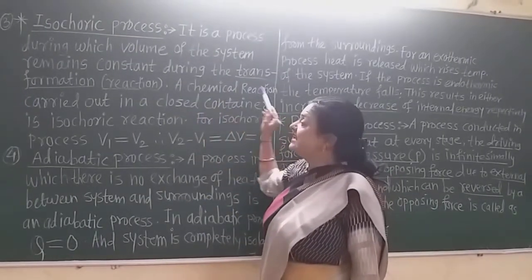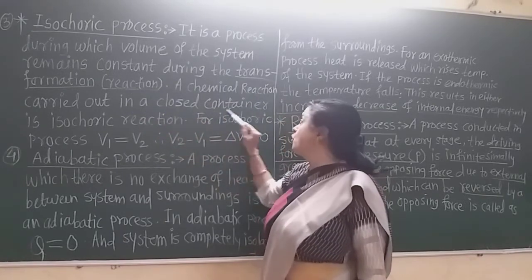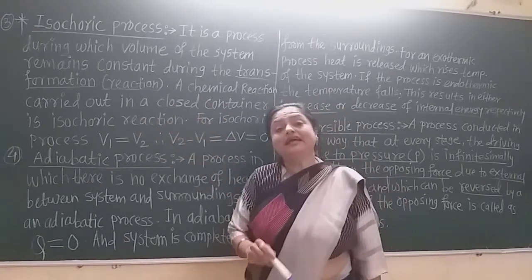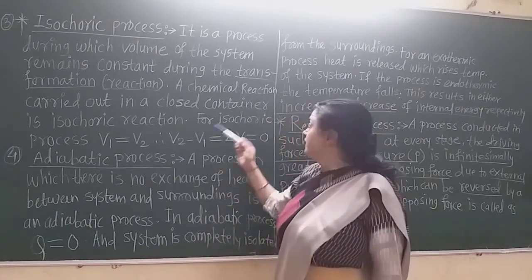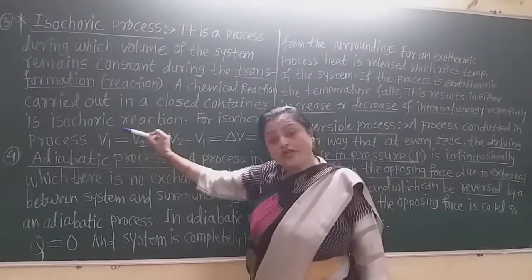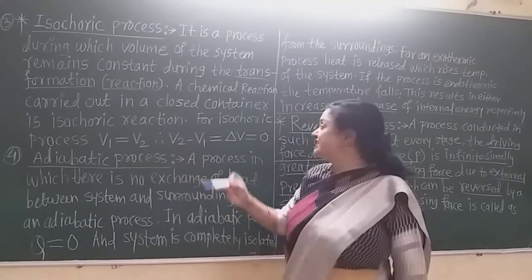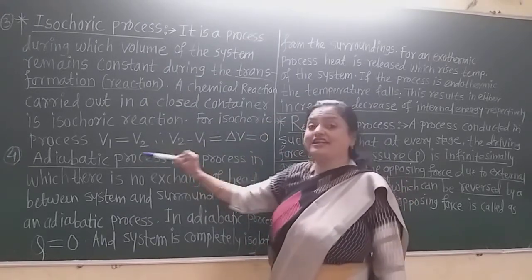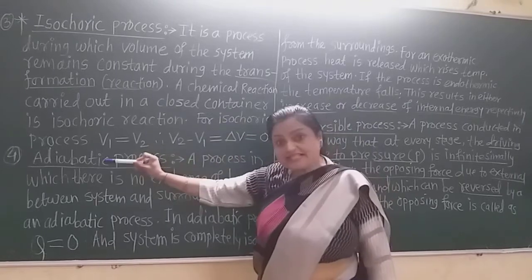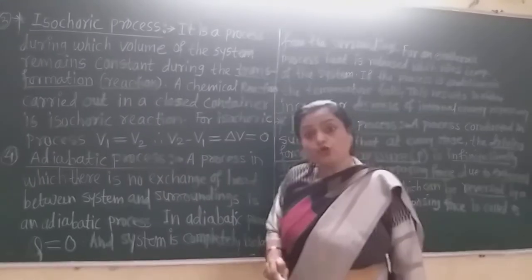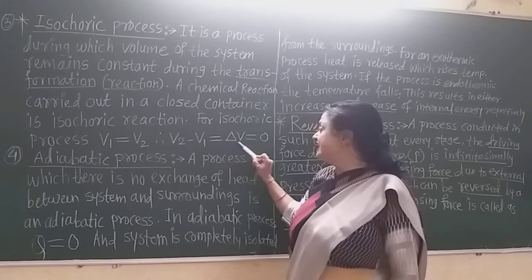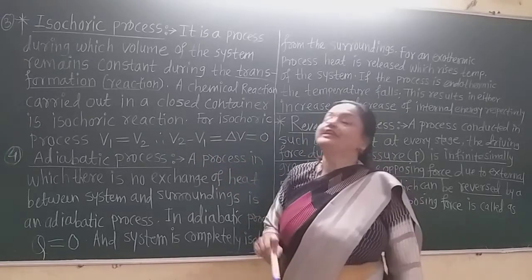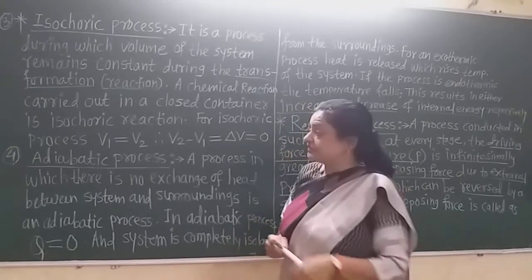Any chemical reaction which is carried out in a closed container is an isochoric reaction. For such a reaction, V1 is equal to V2, and therefore V2 minus V1, that is delta V, is equal to 0 in case of the isochoric process.